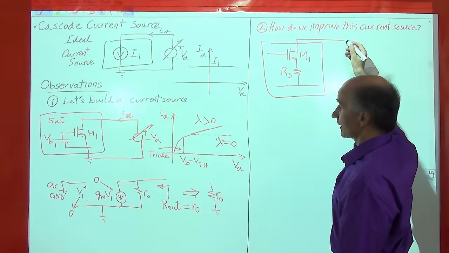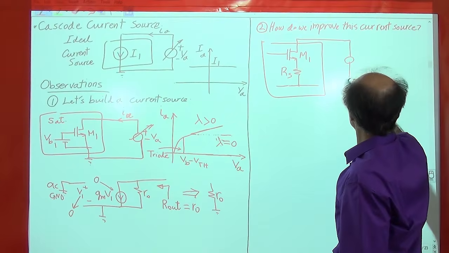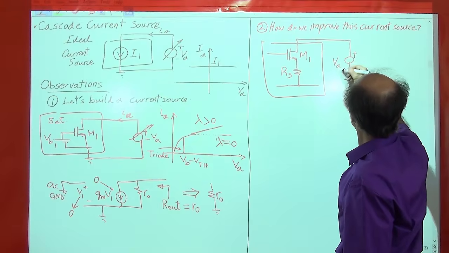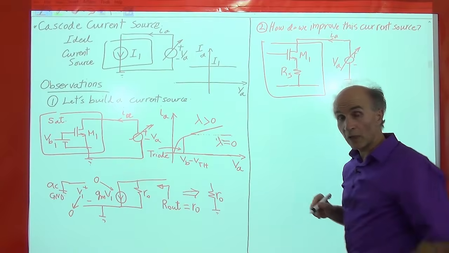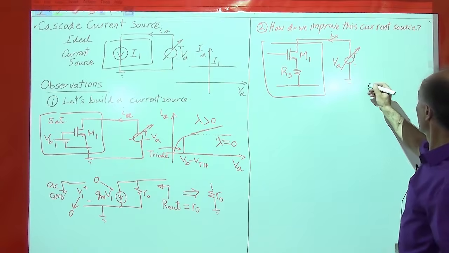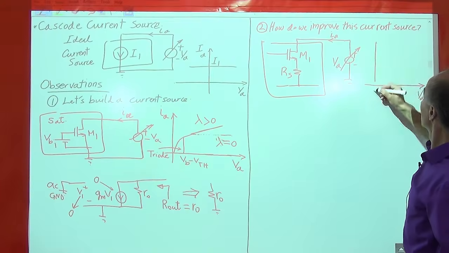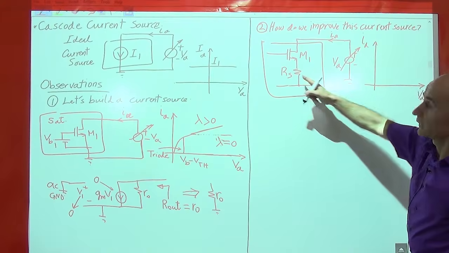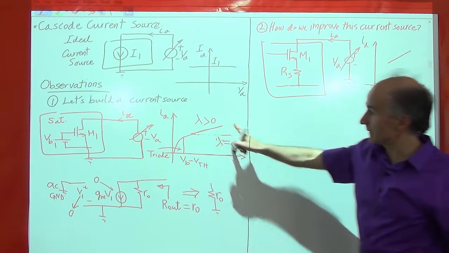So if I apply the same test, a variable voltage from outside, VA, and measure this current IA, what I'm hoping is something like this. So here's IA versus VA. So when we didn't have degeneration, we had a certain slope like this.